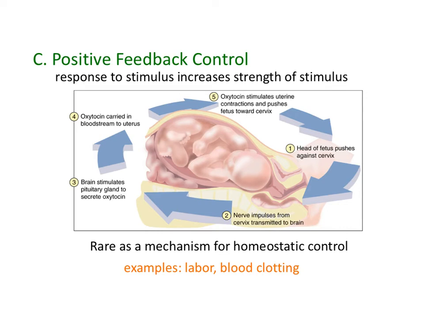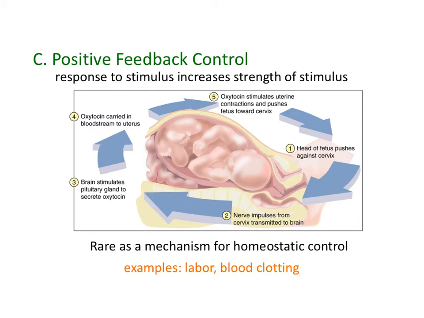The other mechanism of maintaining homeostasis is through a positive feedback loop, and this is one we'll talk about more later in the semester, where instead of the response shutting down the stimulus, the response to the stimulus increases the stimulus.